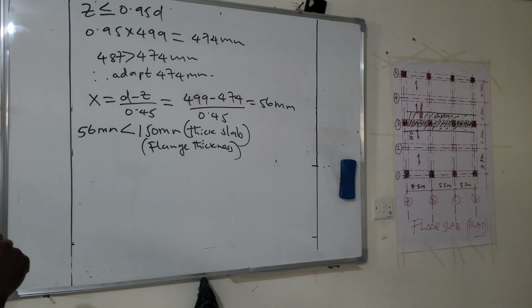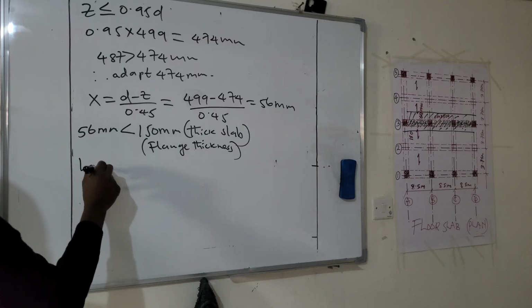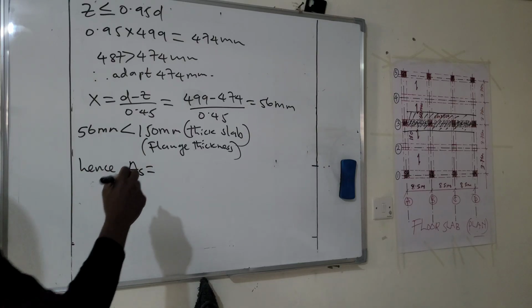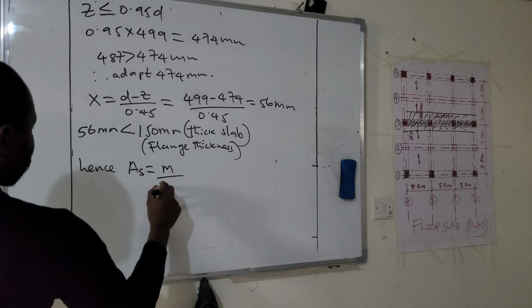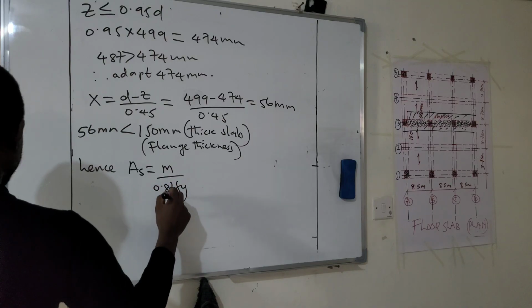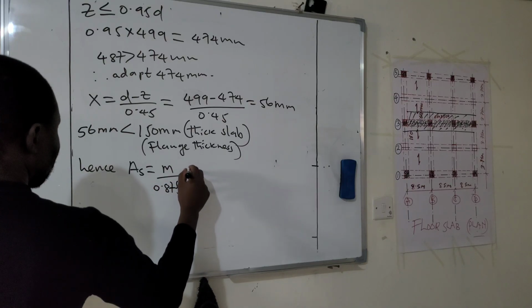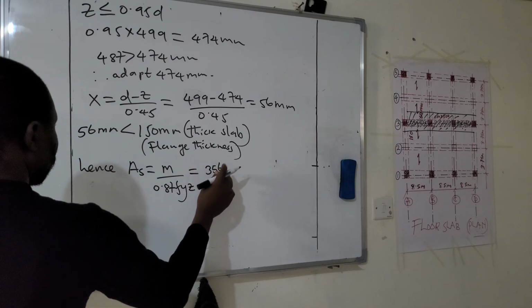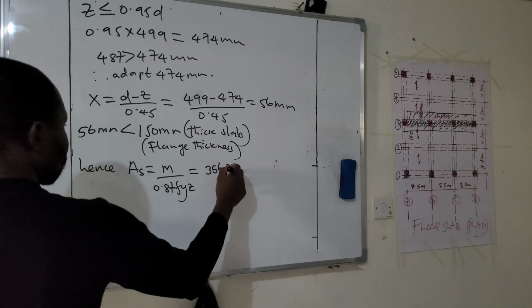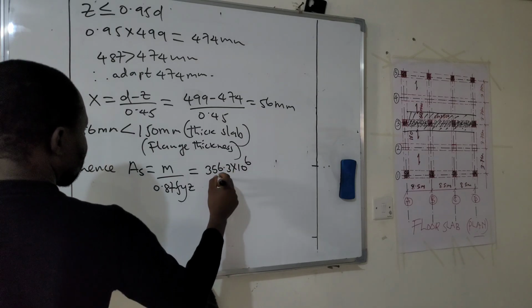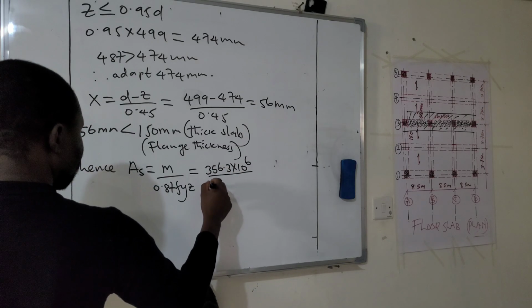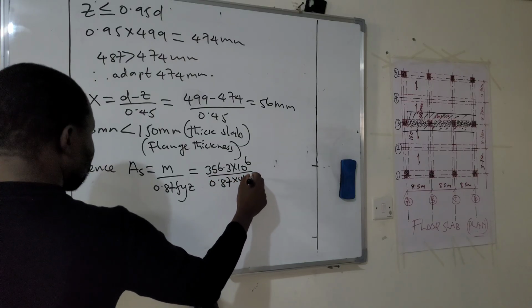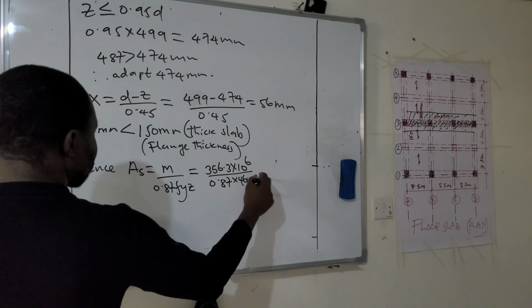Therefore, hence, area of steel is equal to M over 0.87 Fy Z. So this one is equal to M is 356, we have this value in our table, times 10 to the power 6 all over 0.87 times 460 times 474.